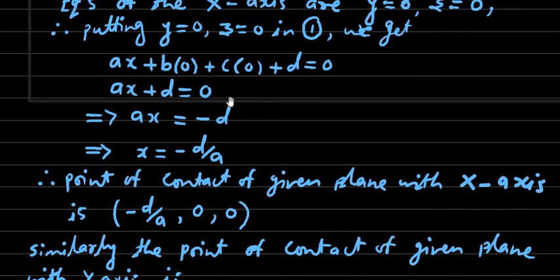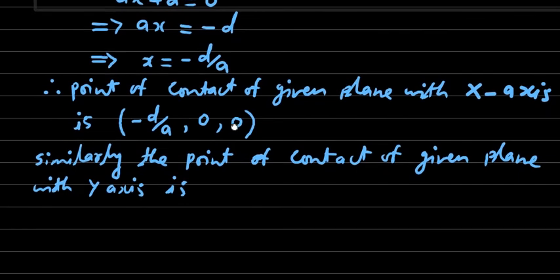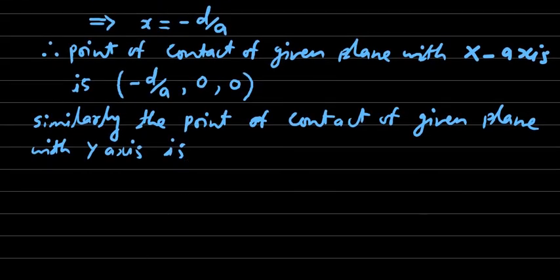So the y coordinate of that point of contact will be minus d by b, and as the x and z coordinates are already 0, we have that point of contact as 0, minus d by b, 0.